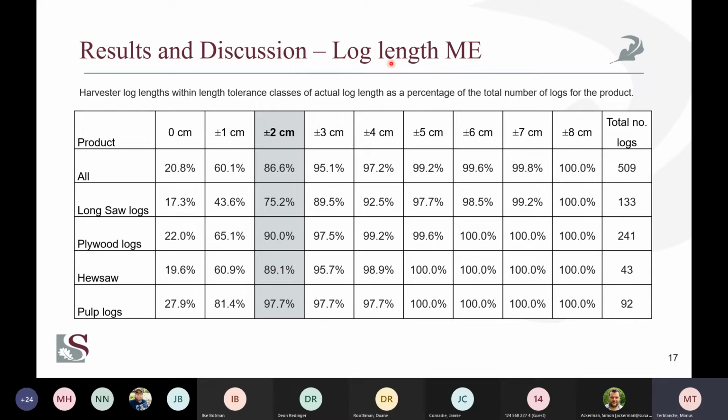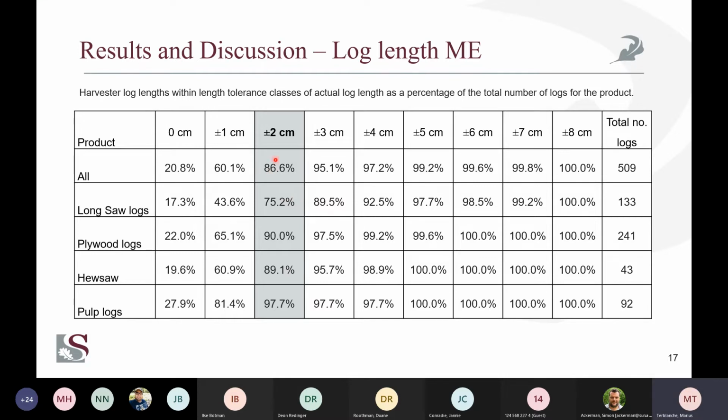So for a long saw log, we needed to cut it at 612 centimeters. So this shows that 75% of saw logs cut was within plus minus 2 centimeters of the 612 centimeters. So this range then is from 608 to 612.